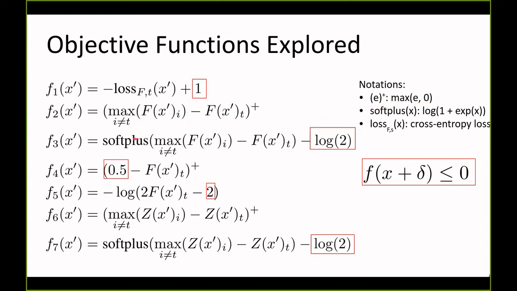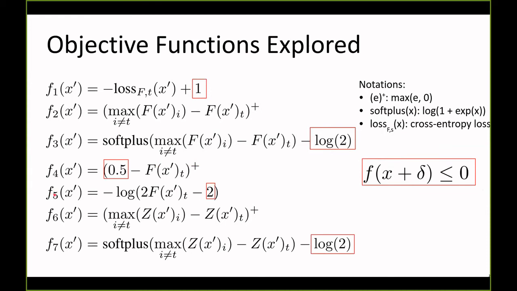Think of it like that. F3 is a similar definition. It's simply F2, but we've taken the soft plus of it. And you'll notice that when the argument equals 0, we get log of 2, so we have to subtract it off. So once we've reached our objective, we want this expression to be satisfied again.